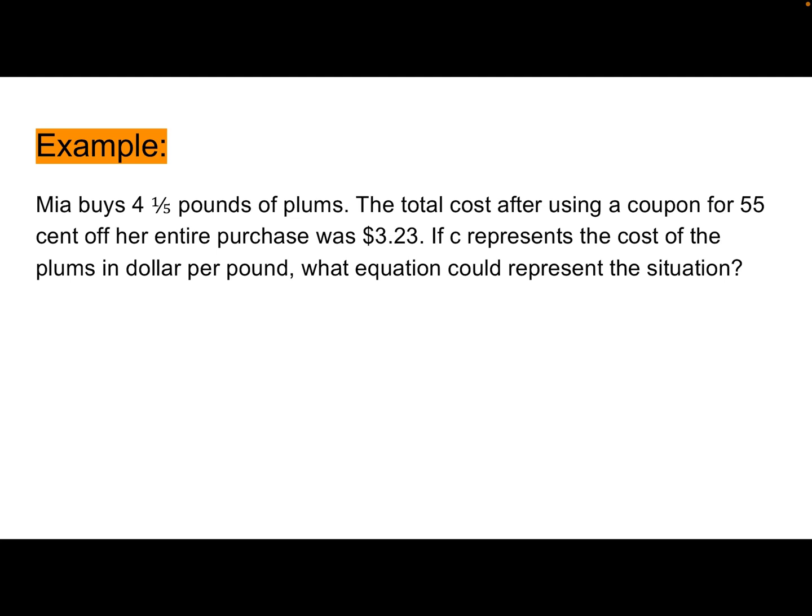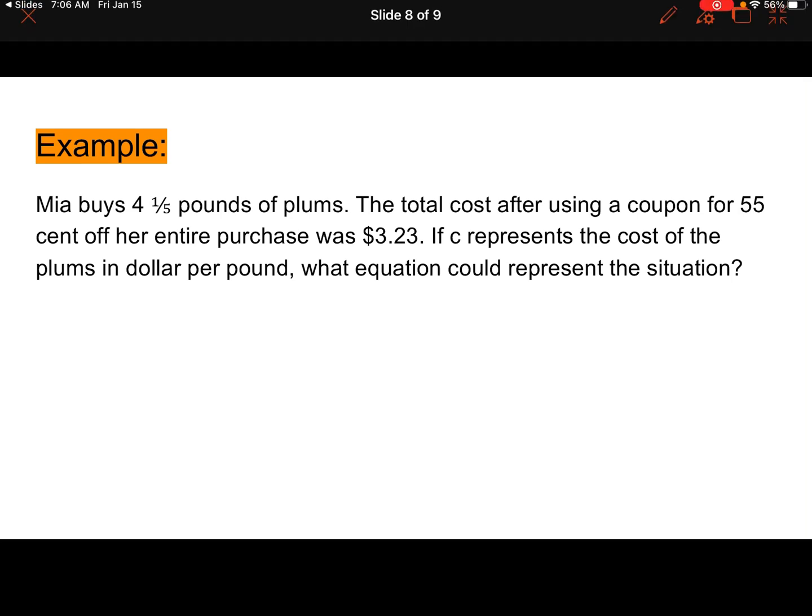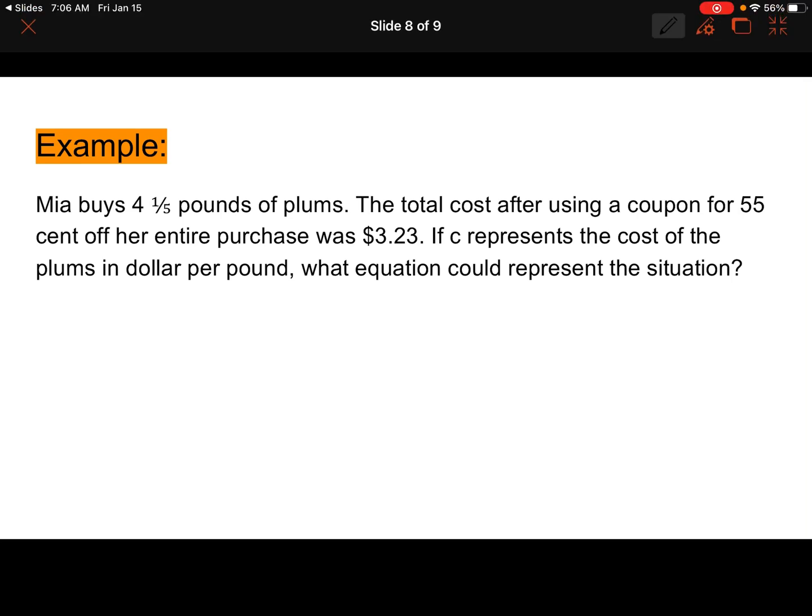All right, last one for us. Mia buys 4 1/5 pounds of plums. The total cost after using a coupon for 55 cents off her entire purchase was $3.23. If C represents the total cost of the plums in dollars per pound, what equation could represent the situation? First off, I'm going to change this 4 1/5 to 4.20, its decimal form.